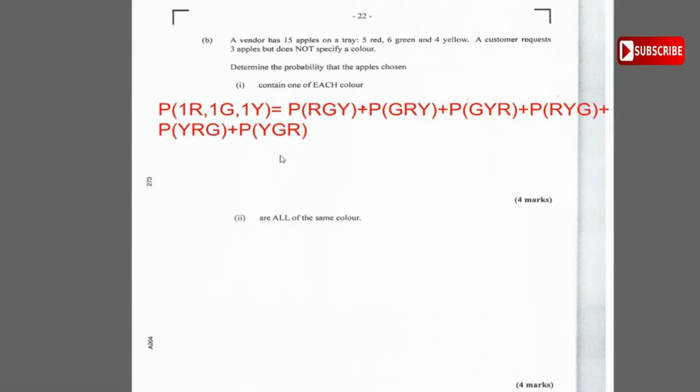So it's just going to work out to be the probability of getting a red: you have 5 red out of 15.